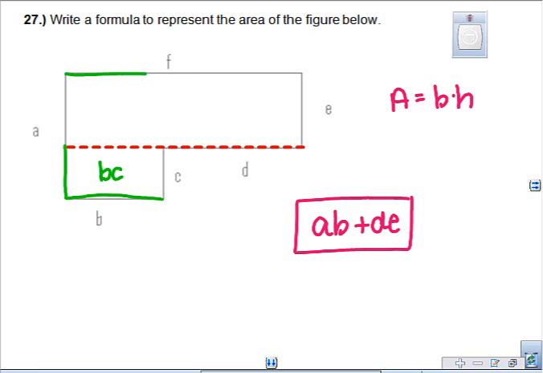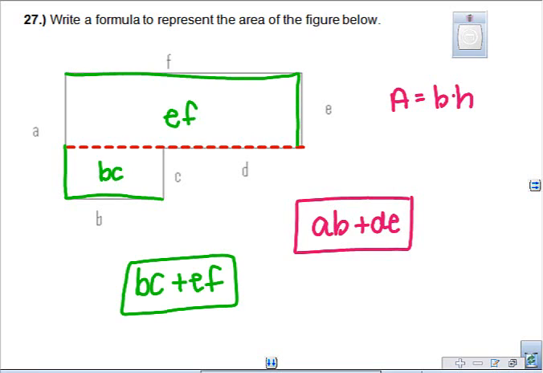And the rectangle up here would be F by E. So you could say BC plus EF. And those are 2 possible answers. That's the end of this series on the geometry review.